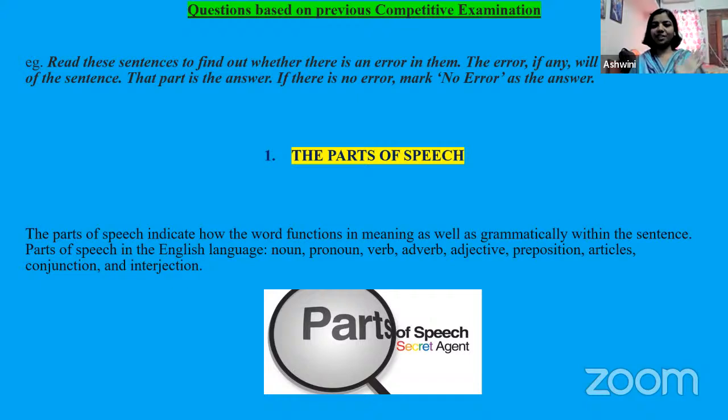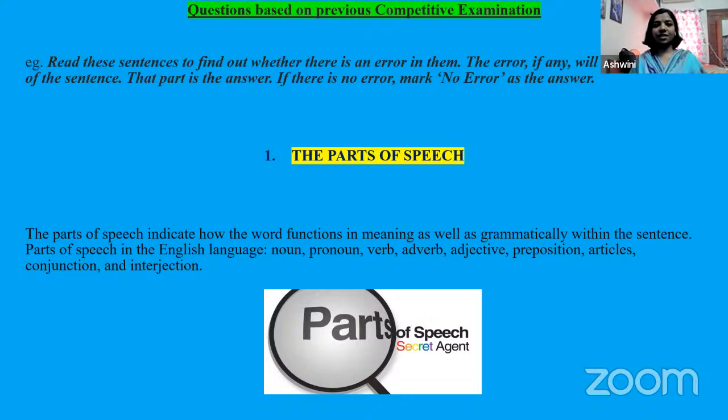The error should be there, but it is one part of the particular sentence. A part of the sentence will have the error. Then that part is your answer. Okay, I am telling you that is your answer.